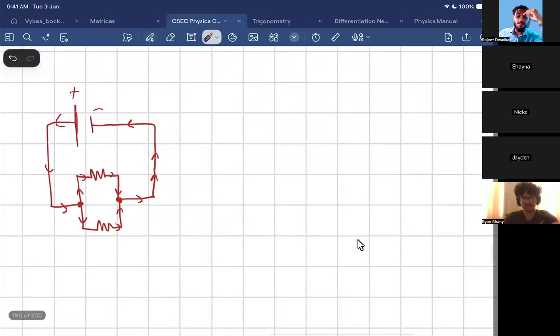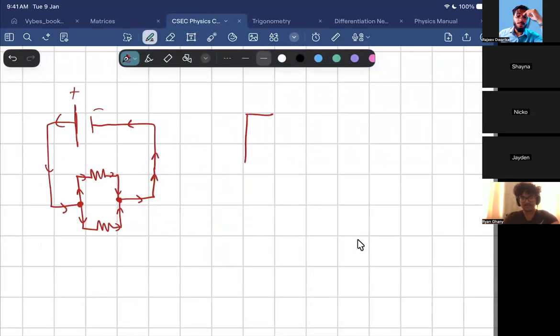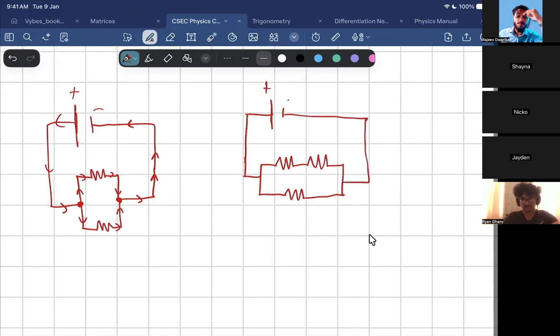Yeah, okay. Nikolai, this question is for you. Is this a series circuit or a parallel circuit? Tell me, Nikolai, what is this?